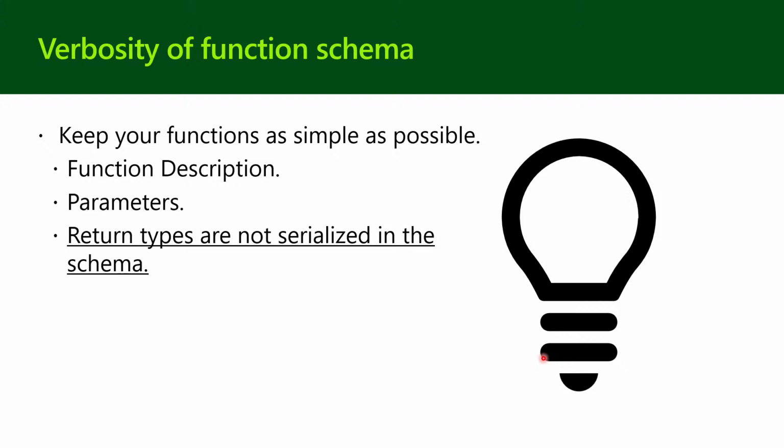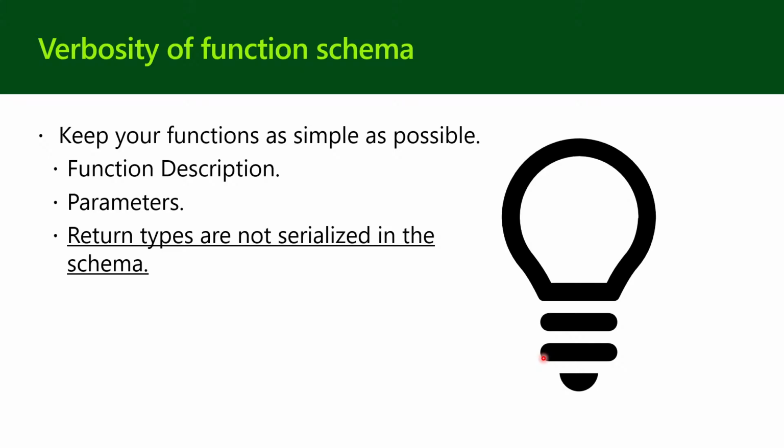That's the first thing. The names of the parameters need to be as clear as possible, and they need to explain what they are for. They should be as explanatory as possible about what each parameter is for. The one thing that you don't need to worry about is the return types of the methods, because they are not serialized.